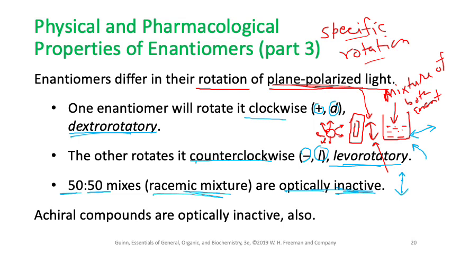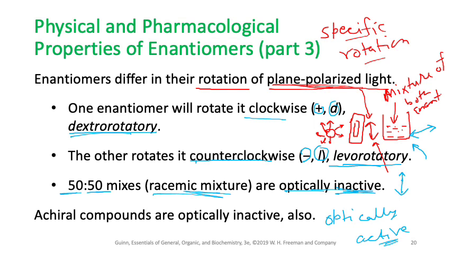So just remember from this topic: if plane polarized light is passing through an enantiomer mixture, and it turns clockwise or anti-clockwise, you can have dextro or levo, or we can say that the solution is optically active. Right? How would I know this is optically active? Because something happened to the plane polarized light. It changed its direction.